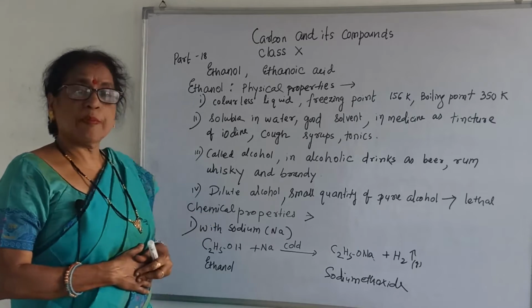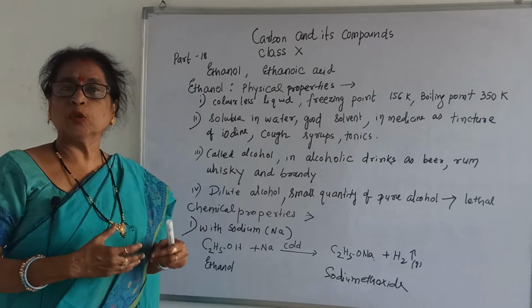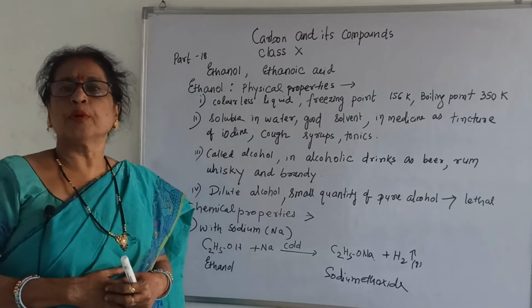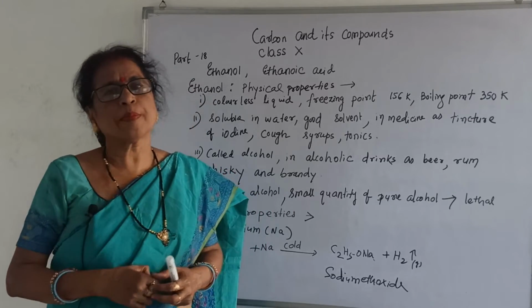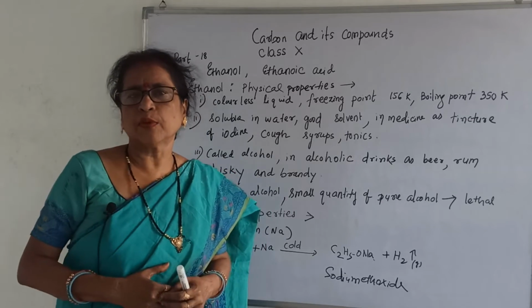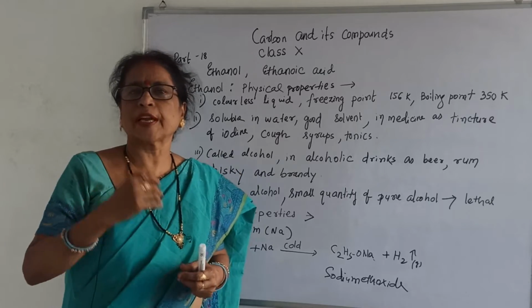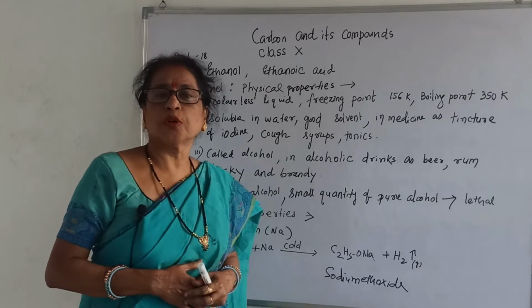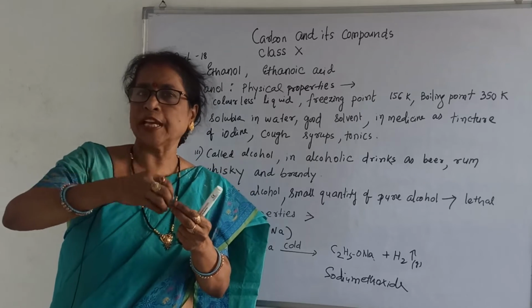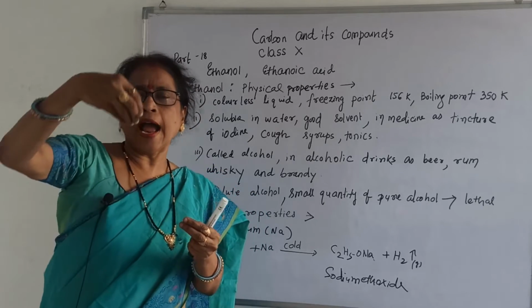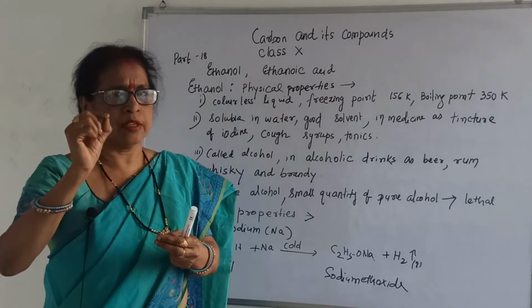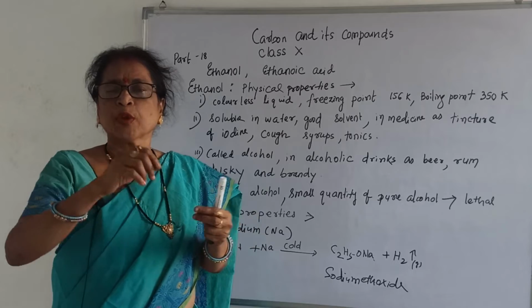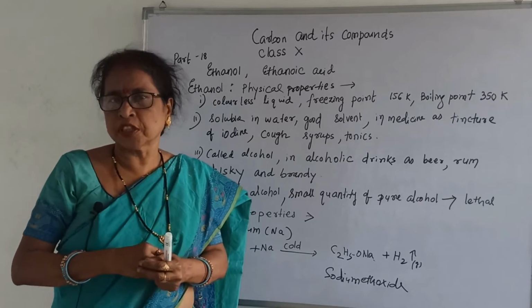And now chemical properties. What are the very useful chemical properties? That is the reaction with sodium. Sodium is a metal, a very soft metal. It can be cut by a knife also. I told this in the chemical reactions chapter. And ethyl alcohol reacts with sodium. Suppose you take ethyl alcohol in a test tube and add a small piece of sodium, which is very soft, and on the outer side it becomes oxide. You only keep it in kerosene.